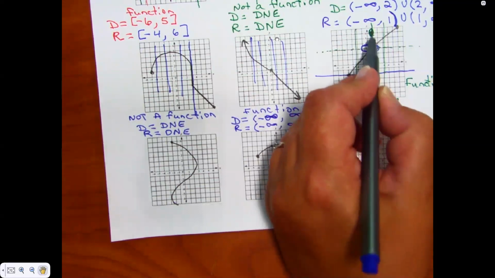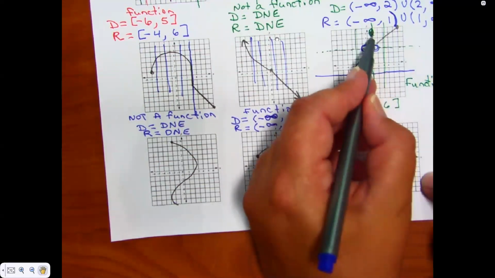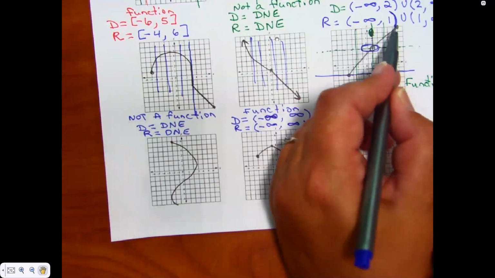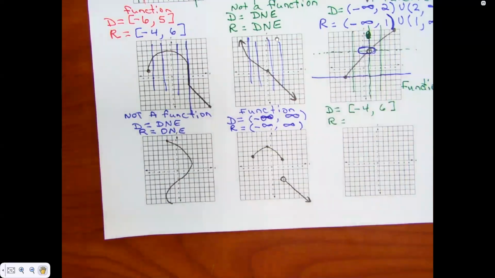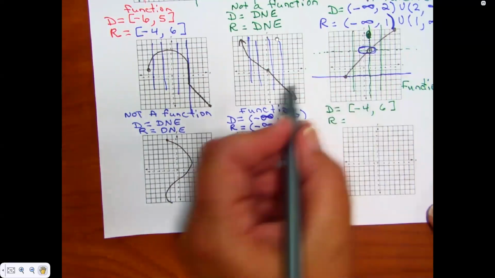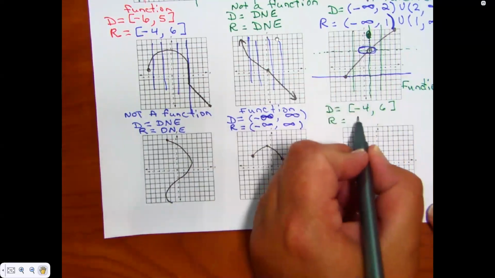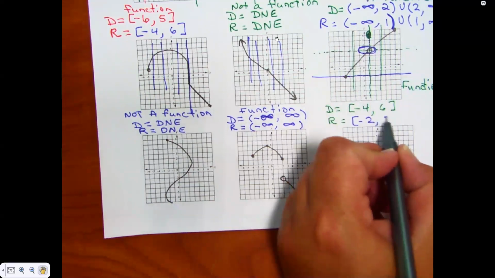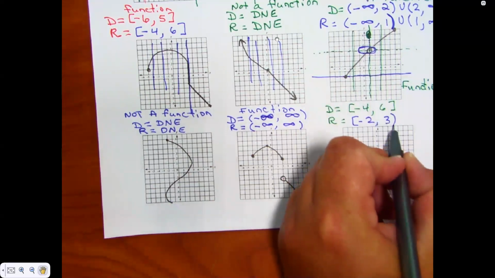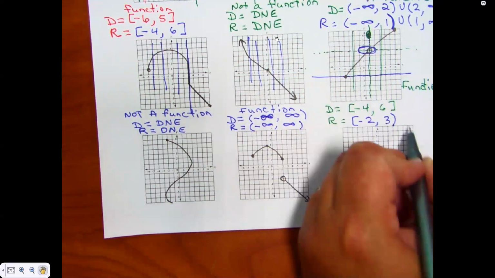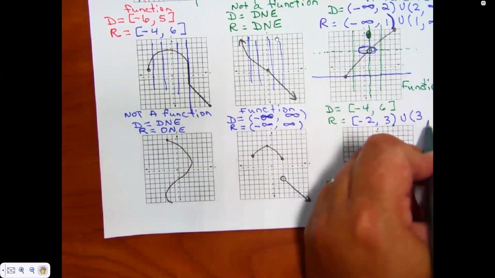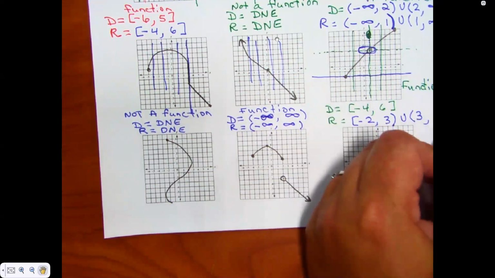And then it keeps going all the way, even though this is a dot, all the way up to 7, that high one. So where did it start again? -2 to 3. Don't include 3, because we want to jump over 3 and then head to 7.